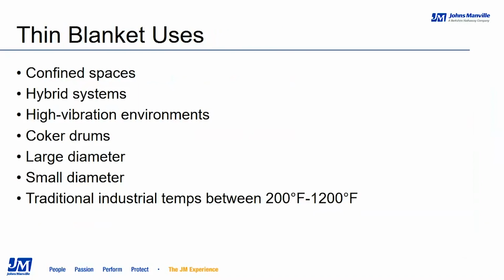A hybrid solution will allow the majority of the insulation thickness to remain mineral wool in order to achieve cost savings, while the inner layer of hydrophobic thin blanket insulation can lower the interface temperature between the hot pipe or equipment and the mineral wool, preventing binder burnout and all of the potential problems associated with it.